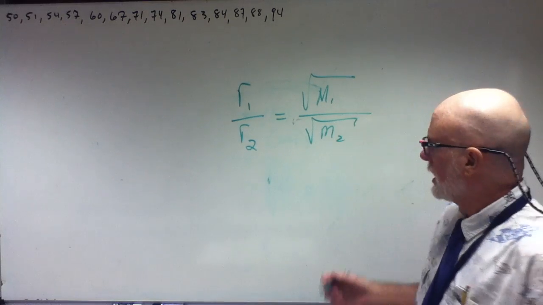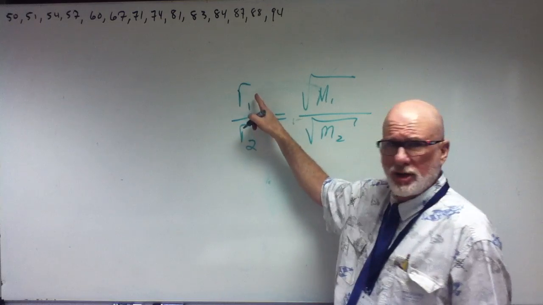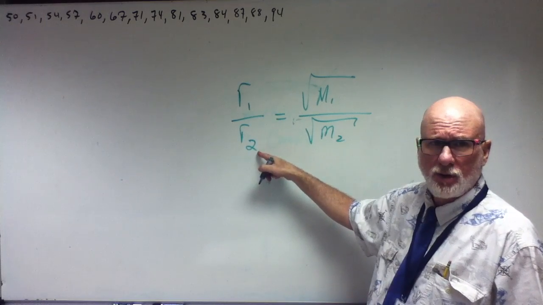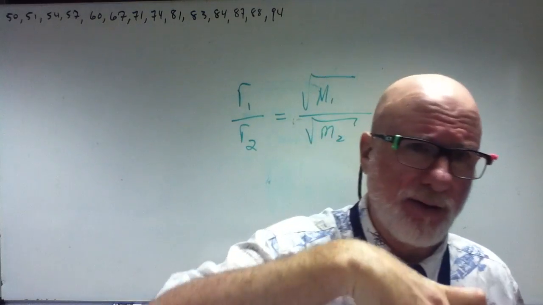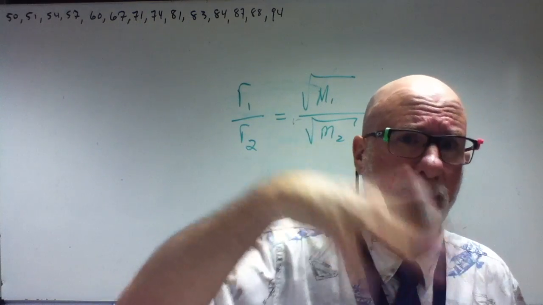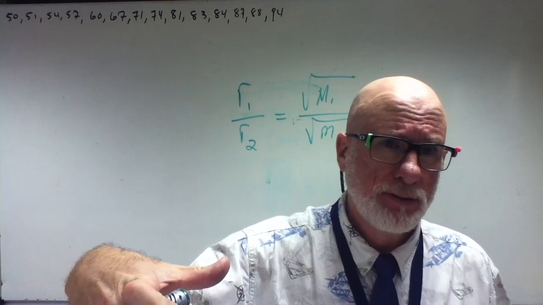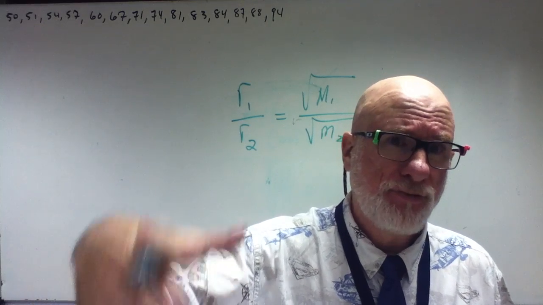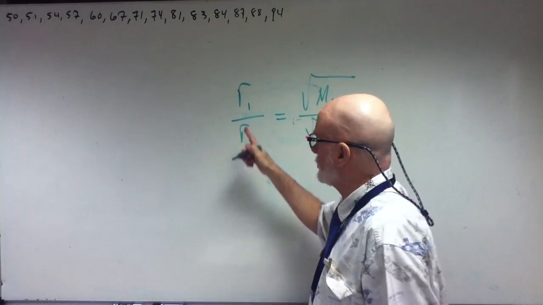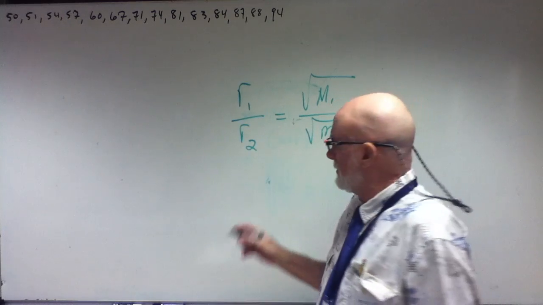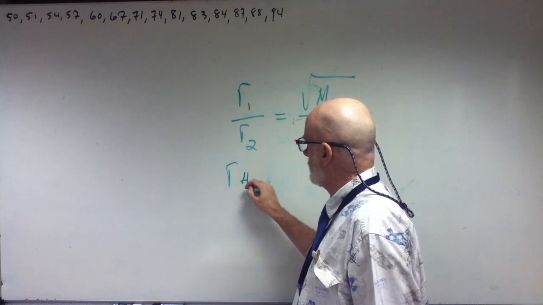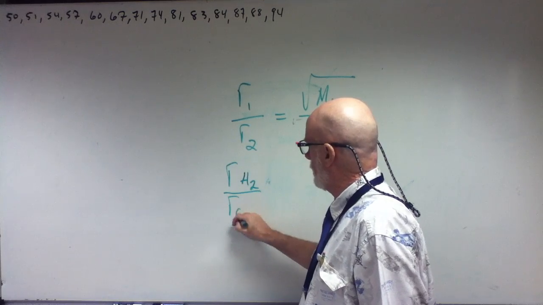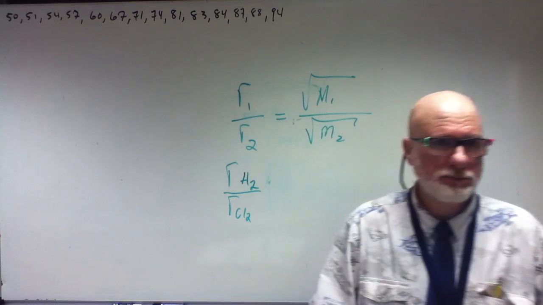So I know this is going to be hydrogen over chlorine because I want to know the rate of hydrogen compared to the rate of chlorine, and I want to know how many more times effusive the hydrogen is relative to the chlorine. So does it make sense that this is going to be R of hydrogen over R of chlorine? Yes or no?